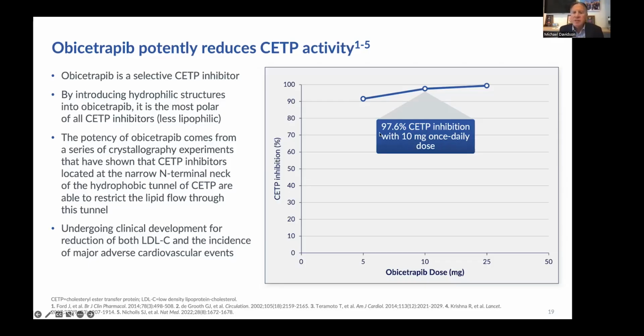The other CETP inhibitors are 100 to 600 milligrams of drug. So we think this very low dose provides great efficacy on LDL lowering as well as a great margin of safety for a CETP inhibitor.